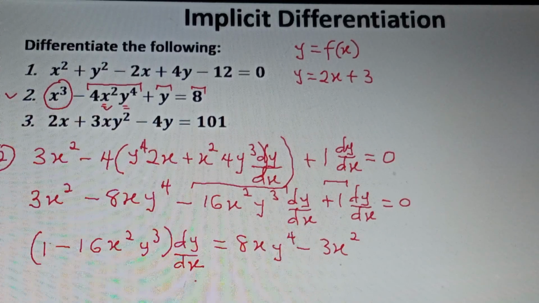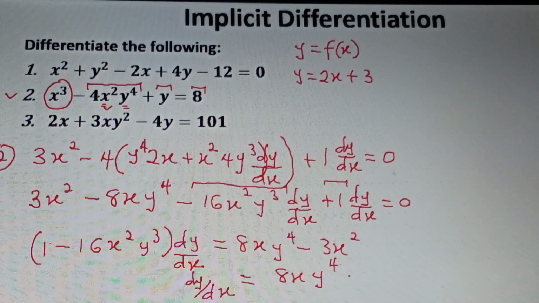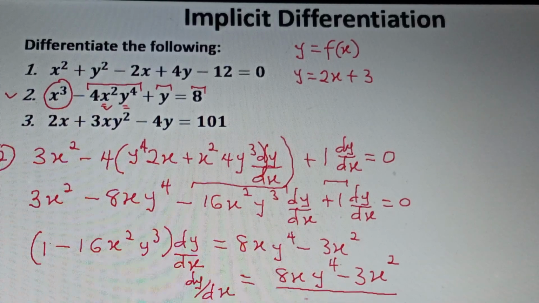So my final answer: dy over dx is now 8xy to the power of 4 minus 3x to the power of 2 divided by 1 minus 16x to the power of 2 y to the power of 3.